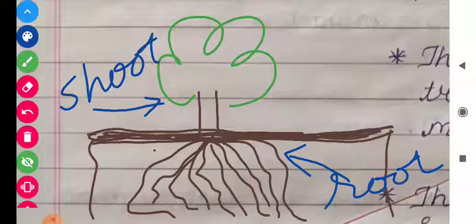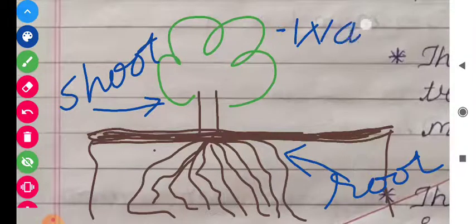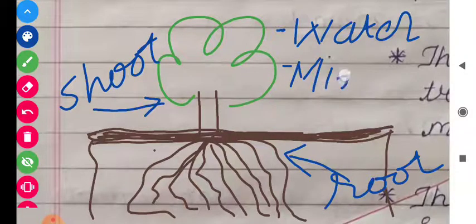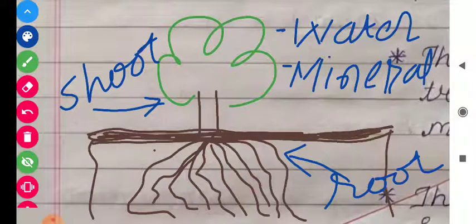Okay, students, so first, what is the nutrition requirement to grow any plant? As we know, first is water; for the good growth of the plant we need to nourish it with water. Certain minerals that we should give to the plants.